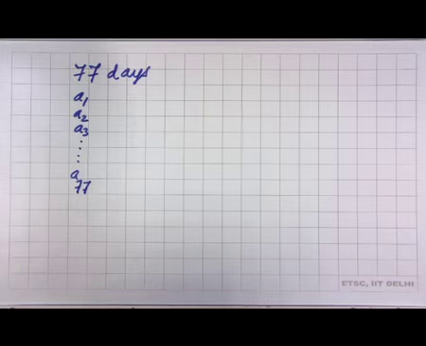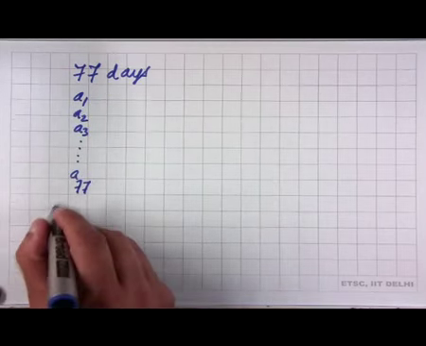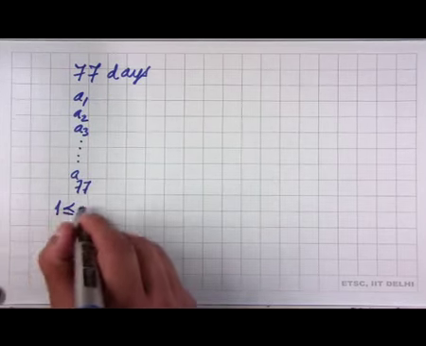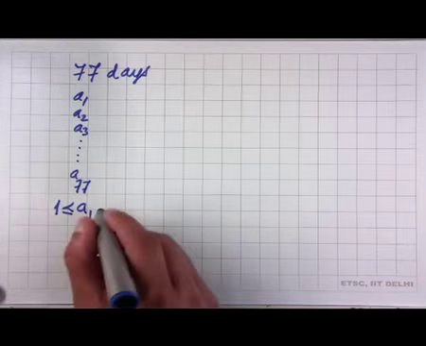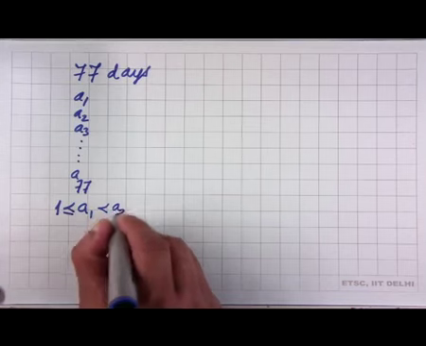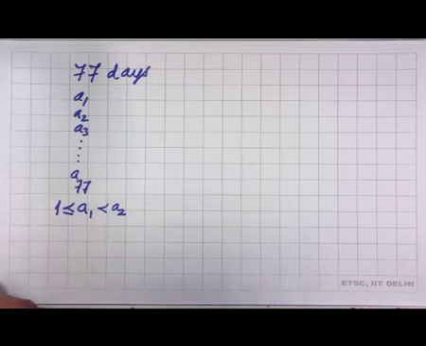Now, what can I say about the sequence of numbers? By definition, you have played at least 1 game at the end of 1 day. Therefore, A1 is a positive integer, and that's all I can say about it. A2 is more than A1 because on day 2, he's played at least one game. And if A2 denotes the number of games played at the end of the second day, A2 is more than A1.